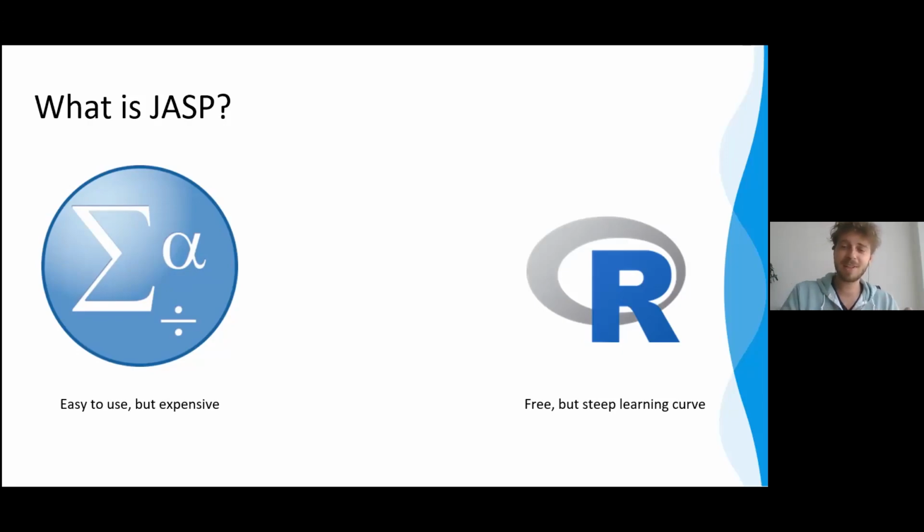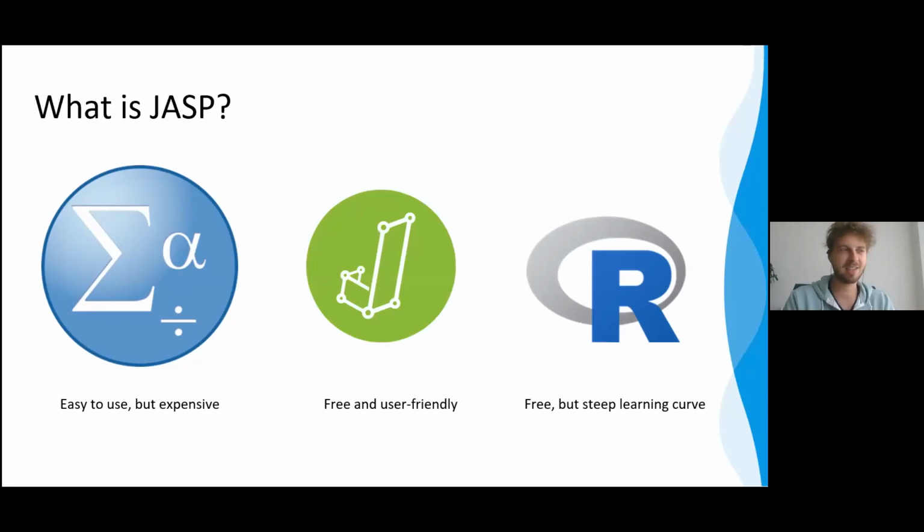So JASP is the best of both worlds, as I said. It's free, it's open source, right? So everybody can always download JASP. You don't need any license for it. And it has this easy and user-friendly point and click interface where you don't need to know any code to perform your analysis.